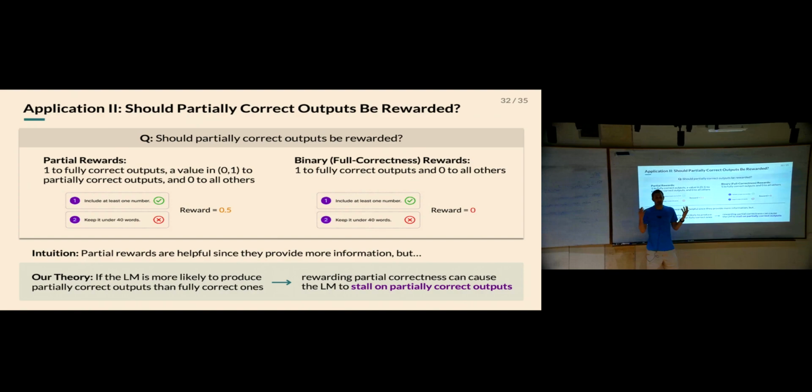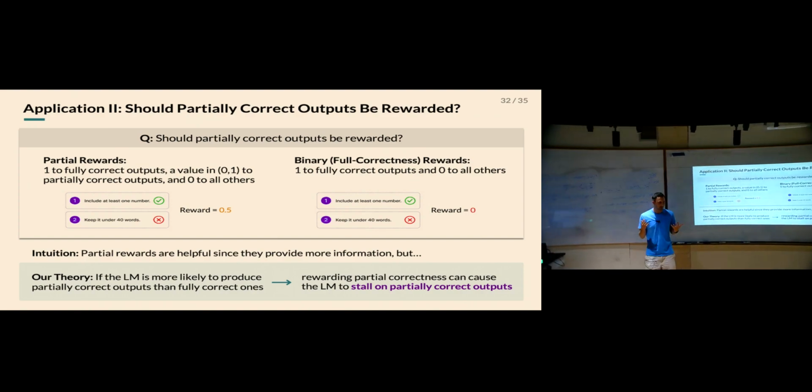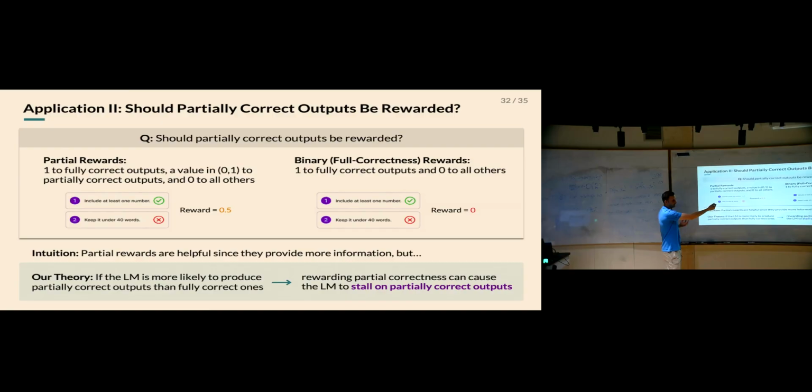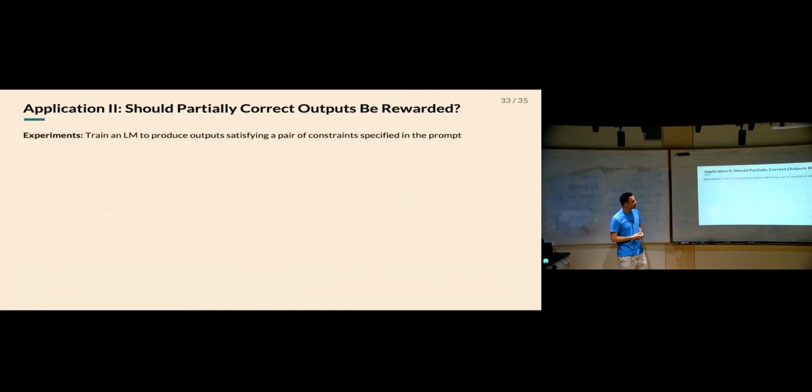These are the mediocre outputs that we had in the analysis. Policy gradient may be attracted towards these outputs and get stuck around them, stall, and never learn to produce fully correct outputs. And we show that this can be the case in pretty much standard settings.